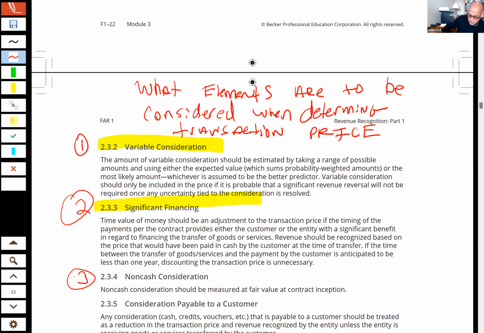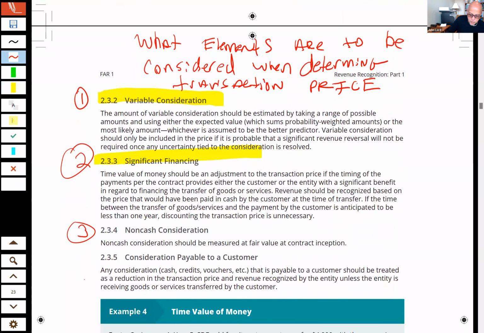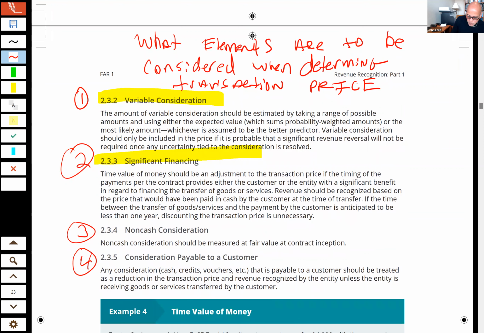Do 3. Okay. Is there non-cash consideration? And is there consideration that is payable to the customer? Okay, so I just want you to flashcard at a high level those 4 things that could be considered. Okay, and then let's go ahead and let's take a look in more detail at a couple of these.